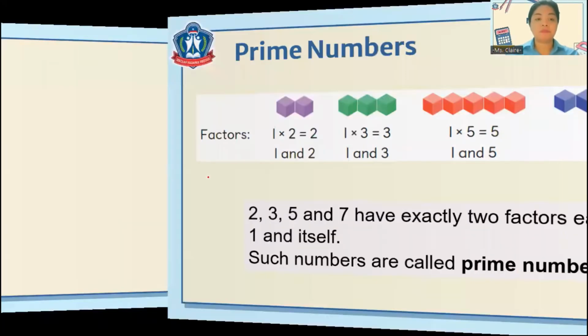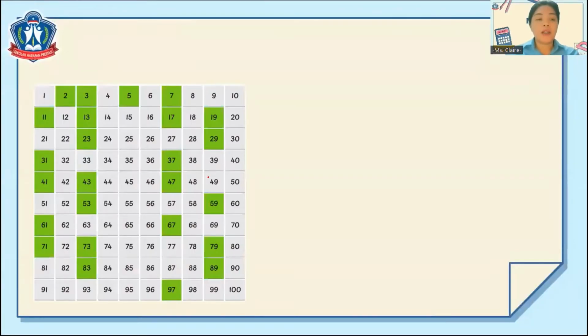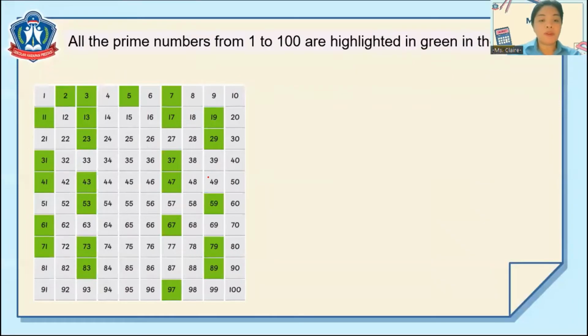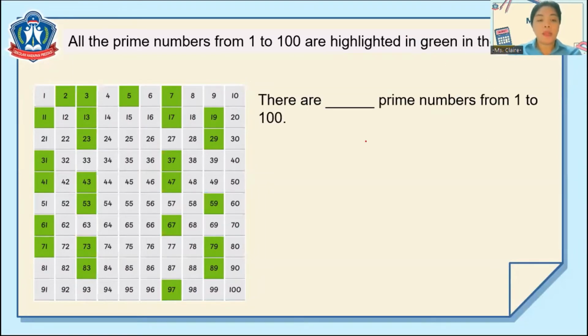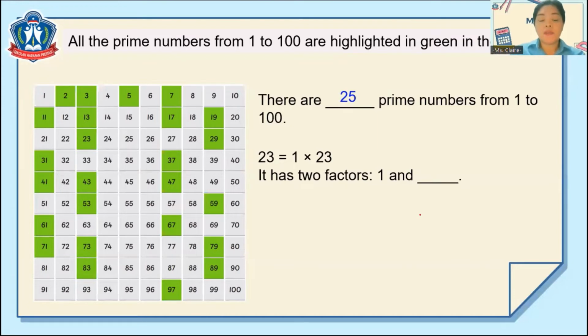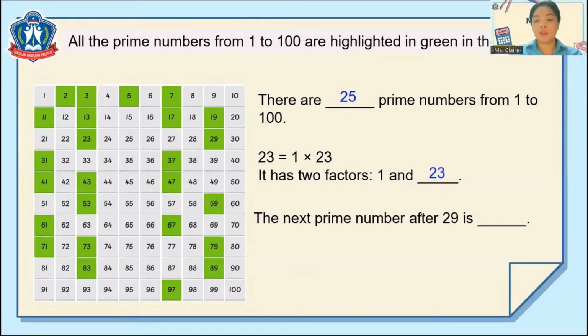Remember that. Okay, look at these numbers from 1 to 100. All the prime numbers are highlighted in green. So, how many prime numbers are there from 1 to 100? There are 25. For example, 23, the factors are 1 and 23, so it has only 2 factors.